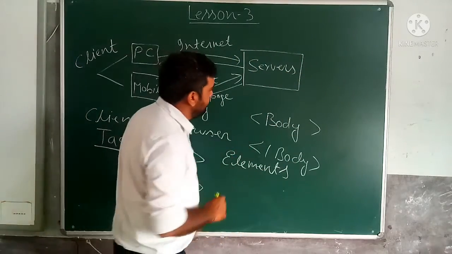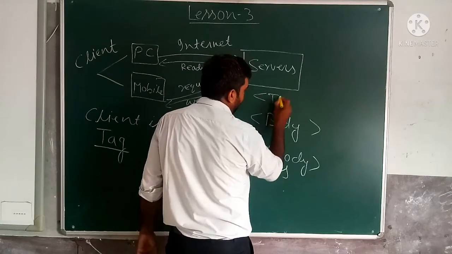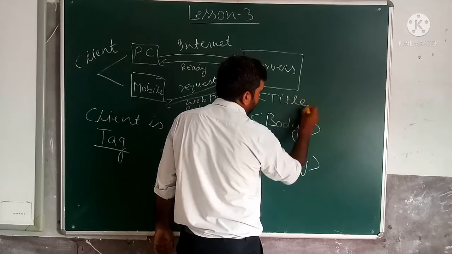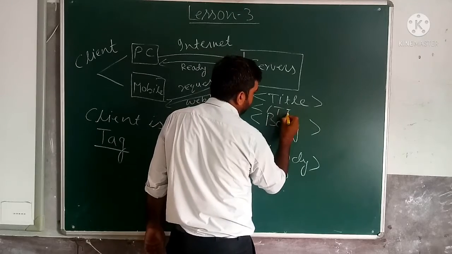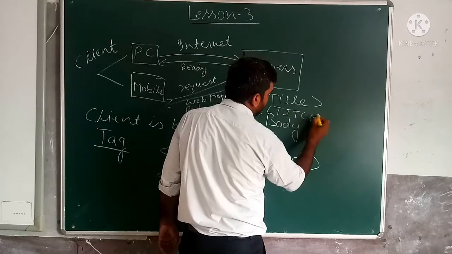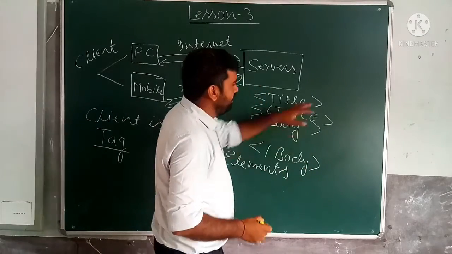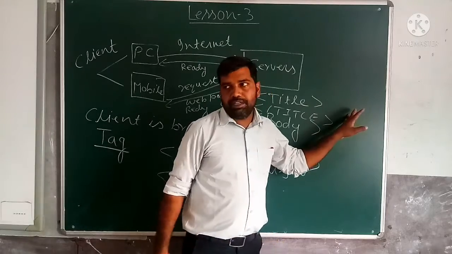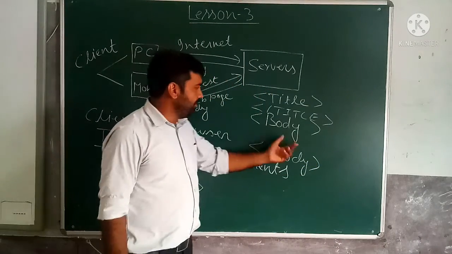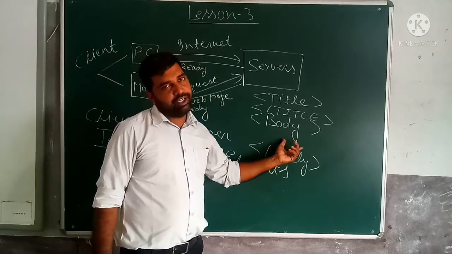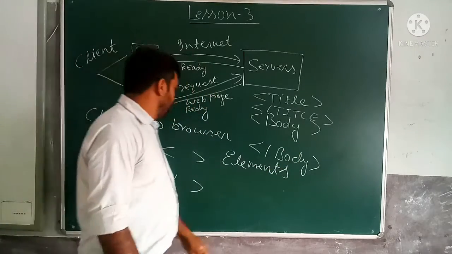That title bar is represented by the title element, title open and title close. Whatever you write inside the title will appear in the title bar of the web page, and whatever you write inside the body will appear on the body of the web page. So those are the elements.